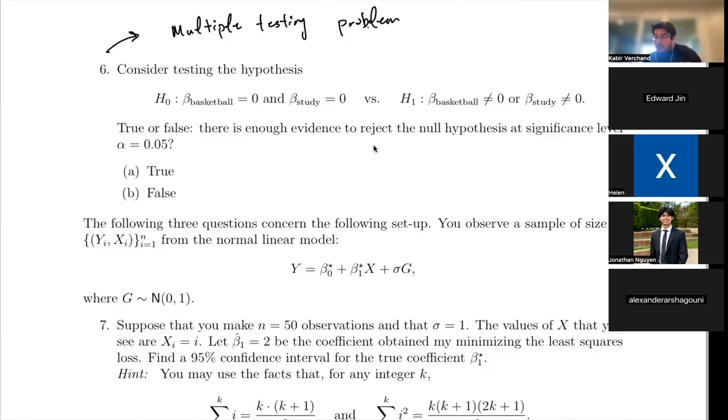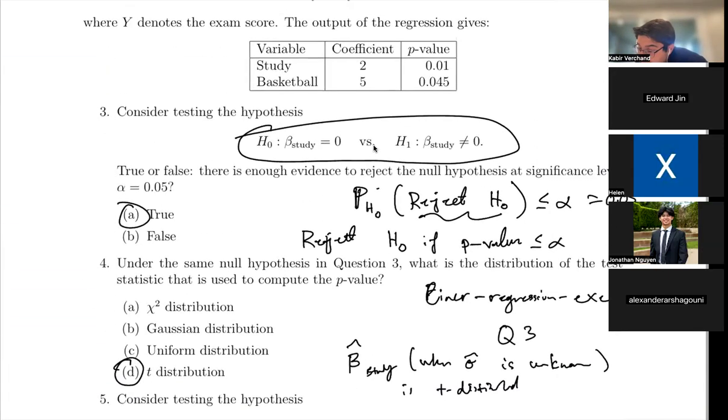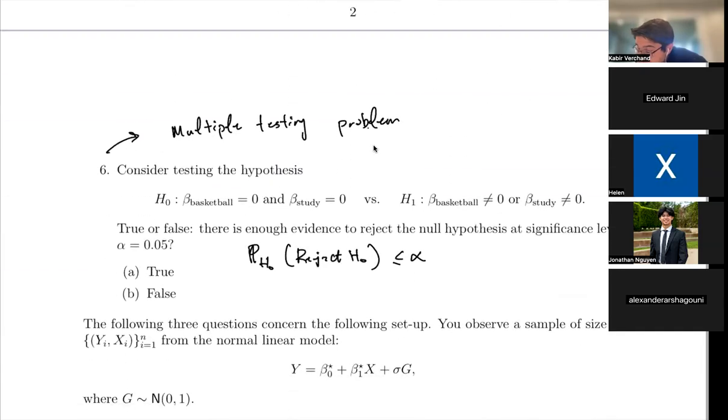So what do we want to do here? We're still trying to control the same game. We still want to control our type 1 error. So we still want the probability of rejecting H naught to be less than or equal to alpha. Now, in question 5 and in question 3, the test that we used to reject H naught was clear.